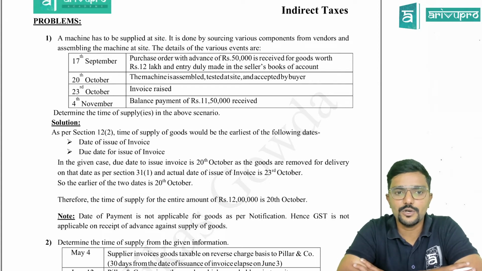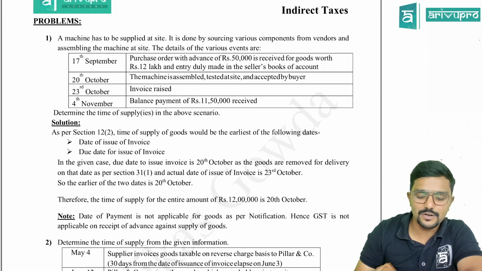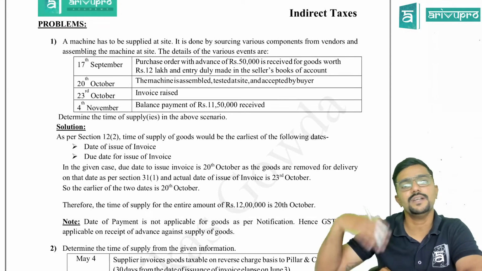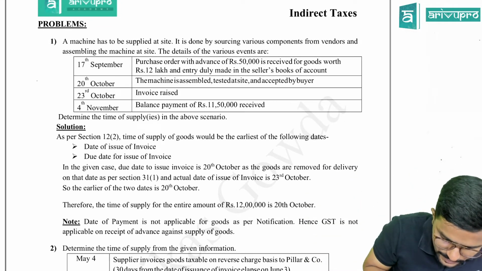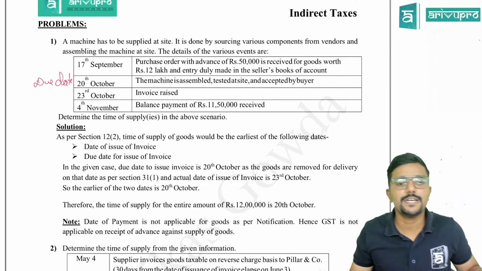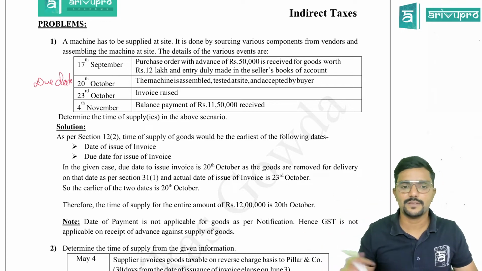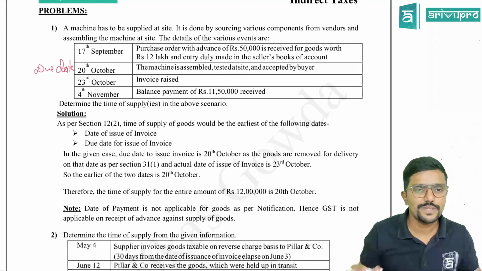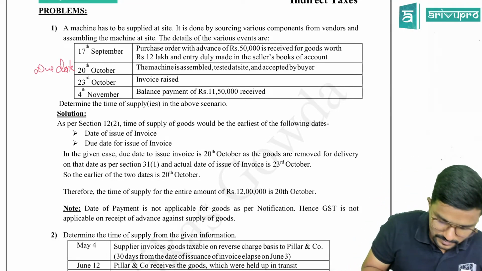Next, 20th October: the machine is assembled, tested at site and accepted by the buyer. So the goods are removed and delivered on the same day. So the due date to issue invoice is what, guys? 20th October. Agree, na? The date on which the goods are removed. In this case, it is removed and delivered on the same day, so no problem. So the invoice is issued on what day? 23rd October.